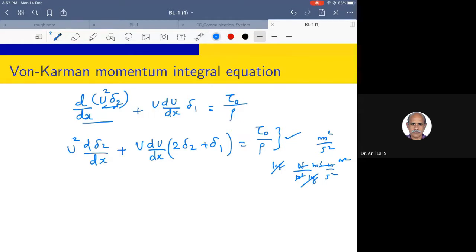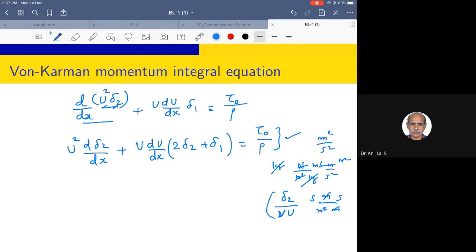The first thing Pohlhausen did was to non-dimensionalize the equation. We know that the momentum thickness delta 2 by nu, where nu is the kinematic viscosity, has units of meter divided by meter squared per second, that is meter by second, so meter and meter cancel.